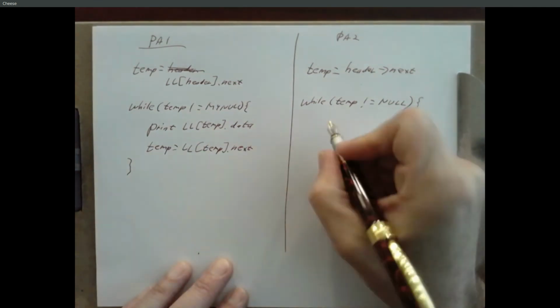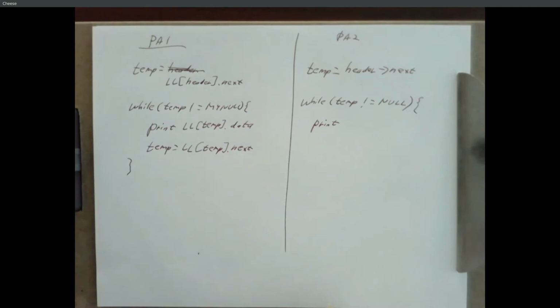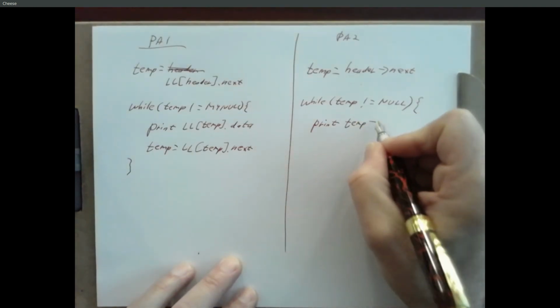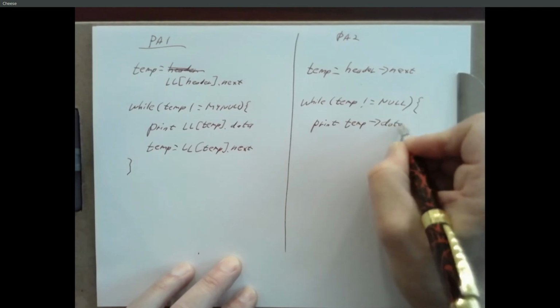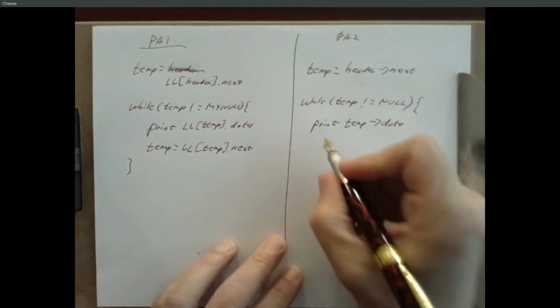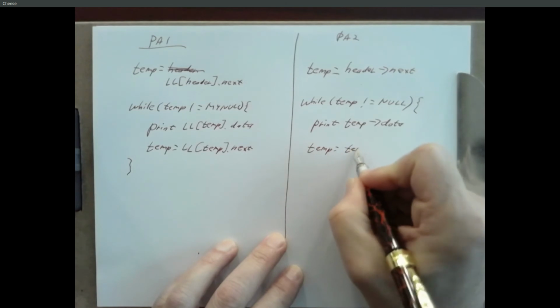So while temp is not null, well, we want to print the data field of the node temp, so that's just temp arrow data. And then we want to set temp to the next node, and the next node is temp arrow next. So temp equals temp arrow next.